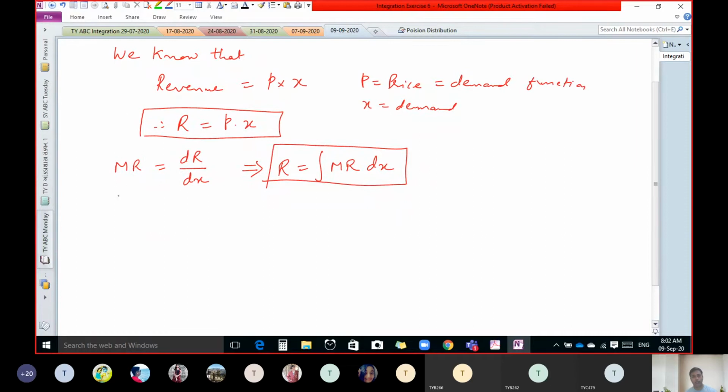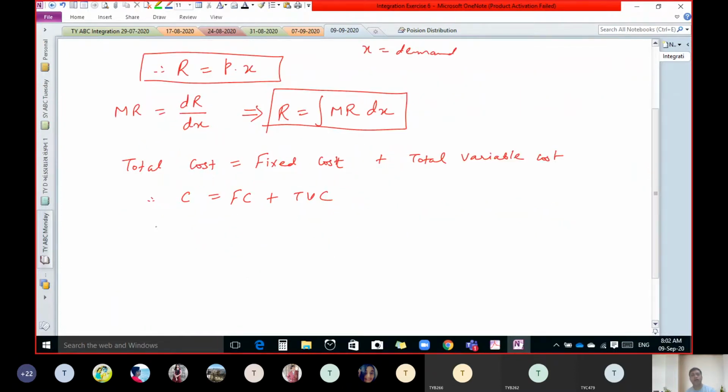Similarly, total cost equals, we know that formula, fixed cost plus total variable cost. So total cost is C equal to fixed cost plus total variable cost. Now if we differentiate this C with respect to X, then we get marginal cost.